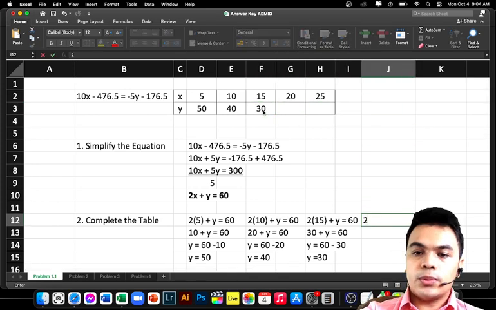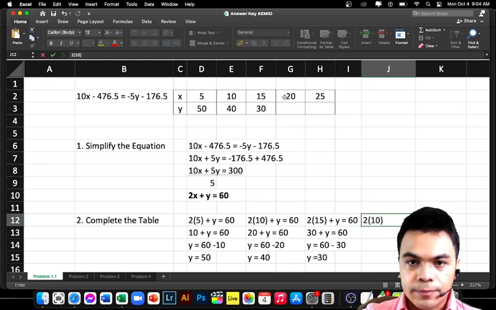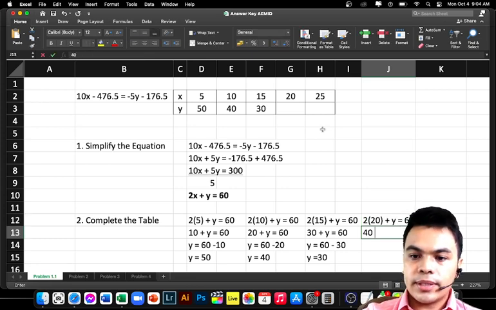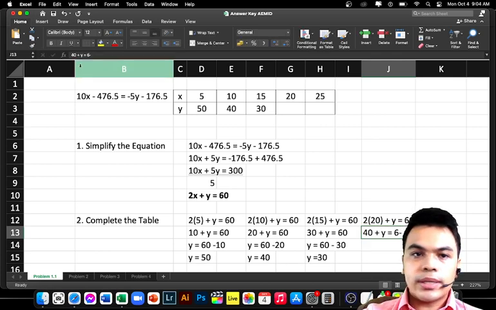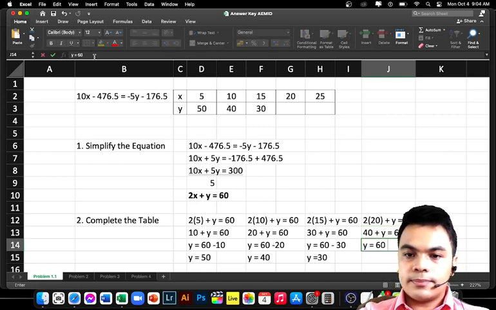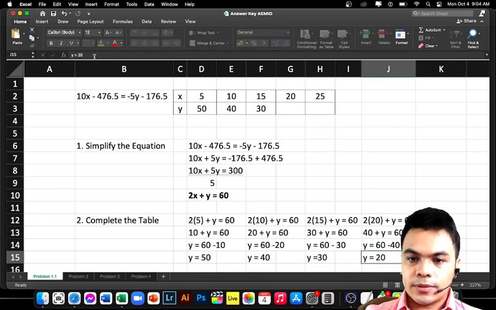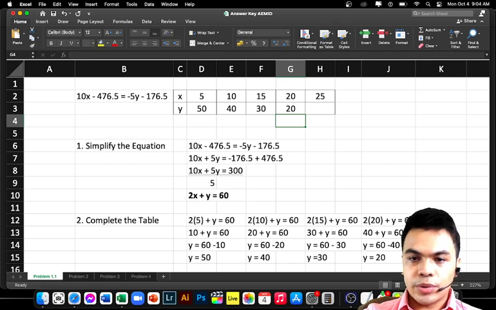Fourth, 2 times 20 pala. Plus y is equal to 60. That is 40. Plus y is equal to 60. Transpose natin si 40 to the other side again. Y is equal to 20. I'm sure you are seeing the pattern already. So you could already guess the fifth value.